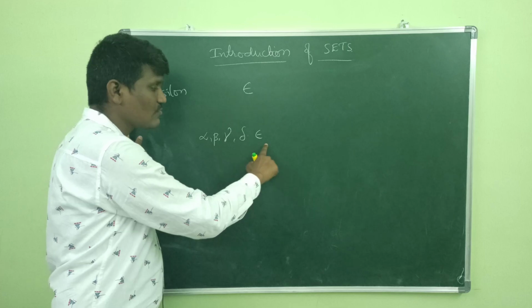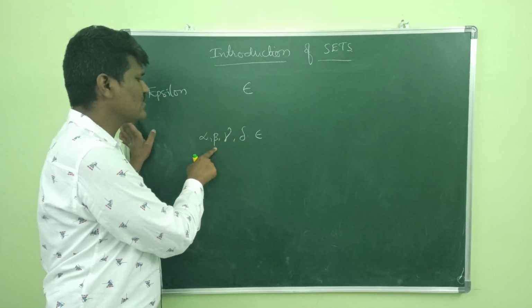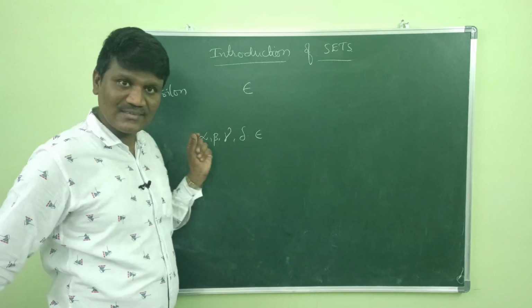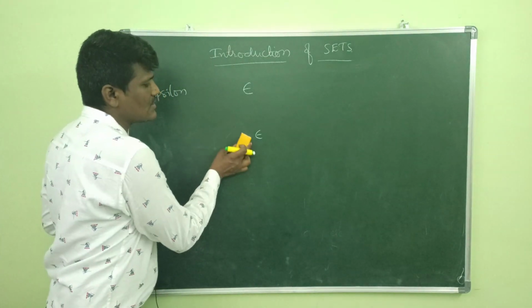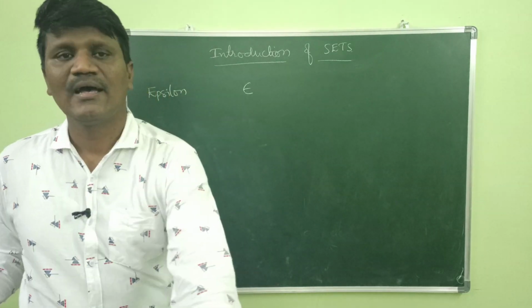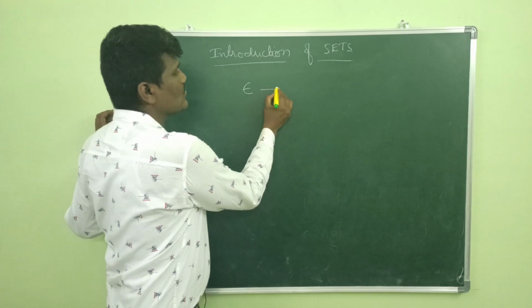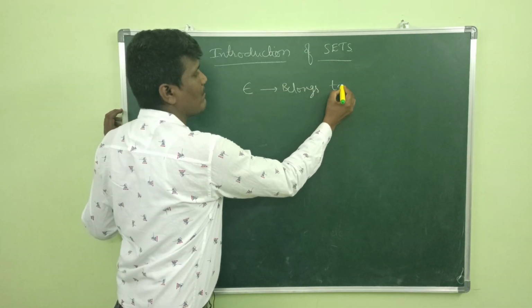These are all Greek letters, like A, B, C, D. Here in this chapter we will use this epsilon symbol for belongs to.